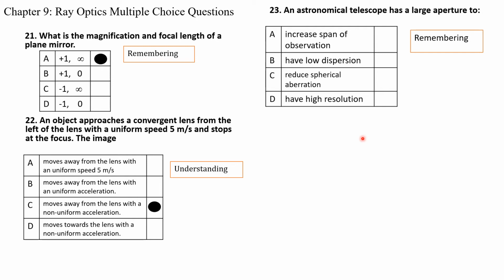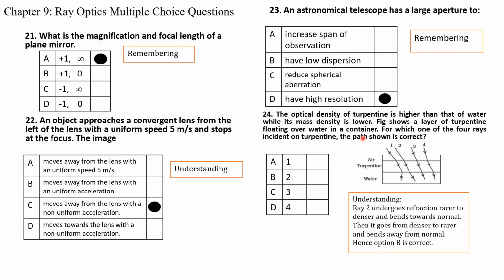Whether it is to increase the span of observation, or have low dispersion, or reduce spherical aberration, or to have high resolution. So four options are A, B, C and D. The correct answer we have to remember is that it is for having a high resolution.